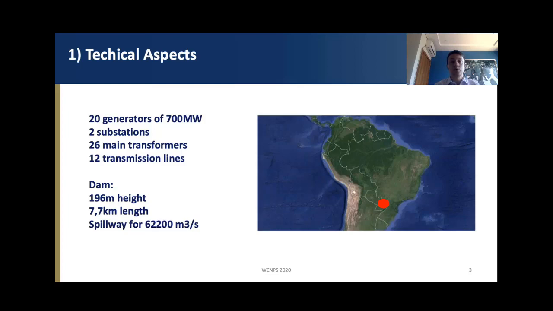We have 2 substations, 26 main transformers, 12 short transmission lines, and our dam is 196 meters high, and our spillway is able to spill as much as 62,000 cubic meters per second of water.